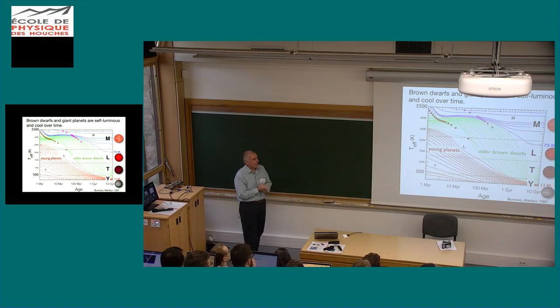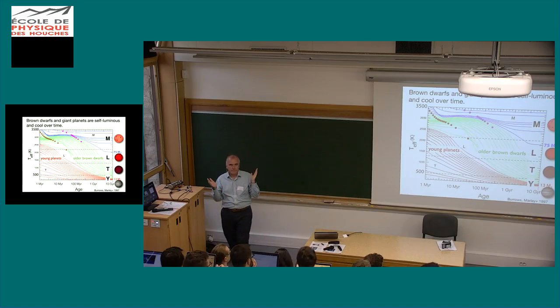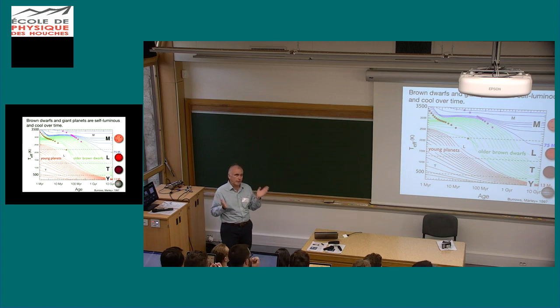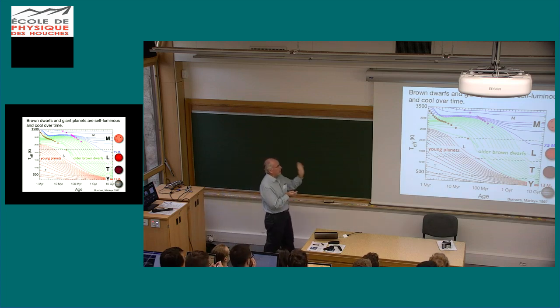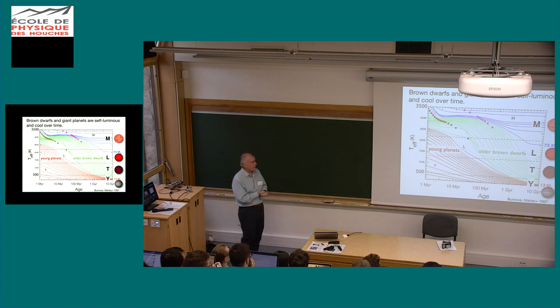This is just to remind you that brown dwarfs are objects that cool off over time. They're not hot enough to sustain nuclear fusion. In this figure, the blue lines are objects which are massive enough to sustain fusion and become M dwarfs. The green and red lines are less massive objects that cool off over time.